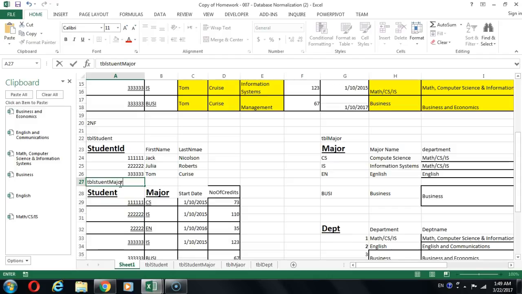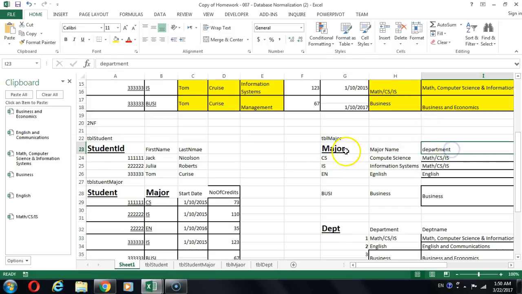Now we have to notice that in this case I have the students and major. Both are primary keys, both of them primary key. This is a single primary key, and this is a single primary key. So if you take a look at this, this is entirely dependent on the primary key. The major name is entirely dependent on the major.